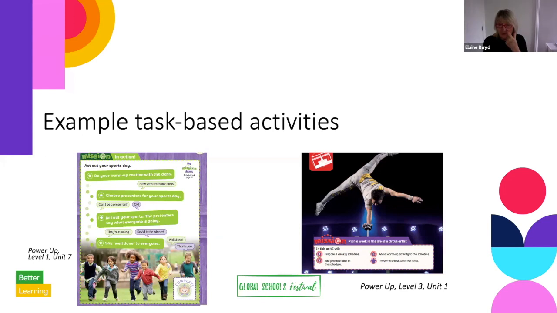And the same for the level 3 one, where they've got to plan a week in the life of the circus artist. You would do that as your task-based activity in class, but presumably afterwards you would ask them to share ideas and you would discuss it and see what had happened. Now, if you go back to that a week later, how much of that have they absorbed? Do they include the rest of the class's ideas this time?